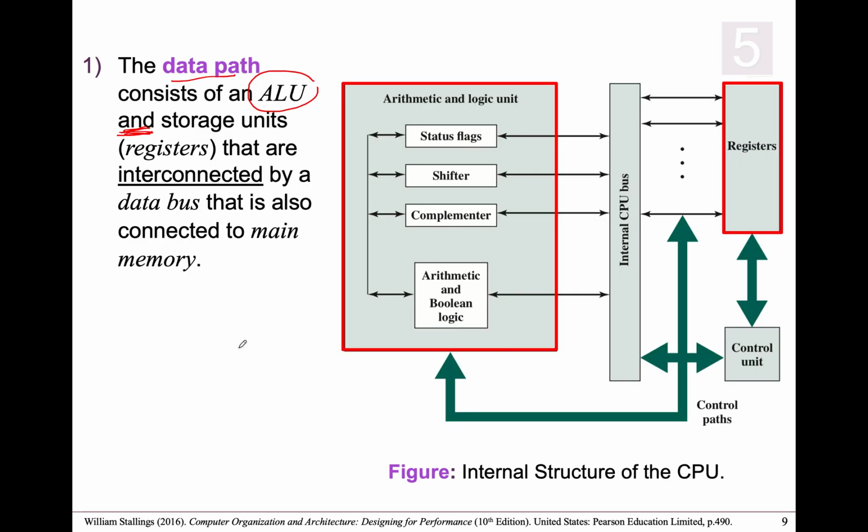Okay, let's take a look. That are interconnected by data bus. You can see over here, you have the bus. This one is your register. This is your ALU, and this is your control unit. So now your data parts are covered by the red box over here, which is your ALU and also your register.